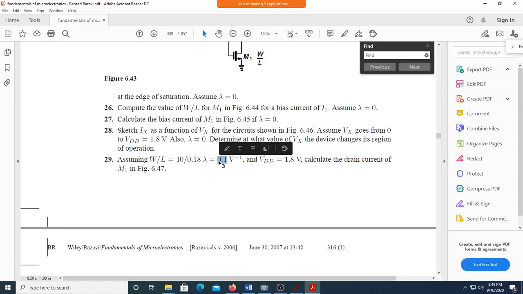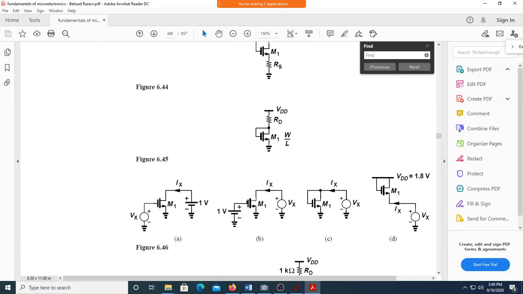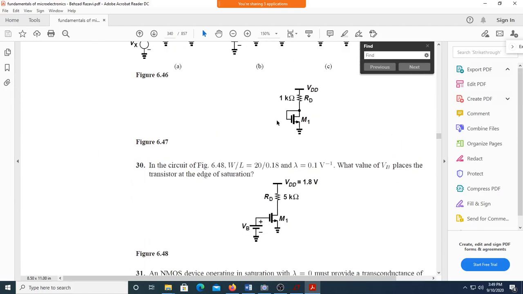Read this with lambda as 0. Assume W by L is equal to 10 by 0.18, lambda is equal to 0 volt, and VDD is equal to 1.8 volt. Calculate the drain current of M1 in figure 6.47. It is this one.